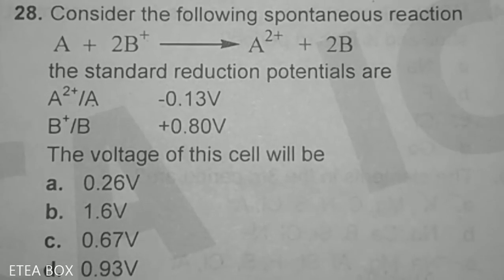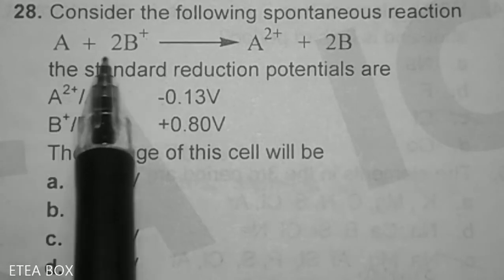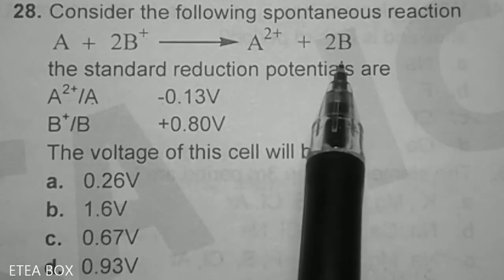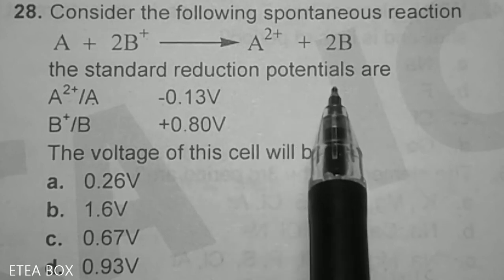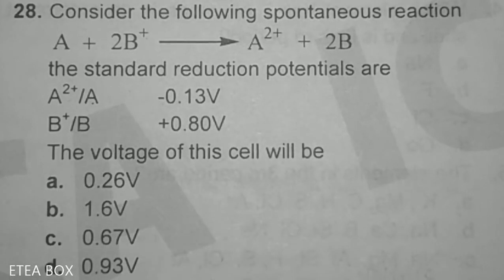Consider the following spontaneous reaction. A reaction is given: oxidation occurs at A and reduction occurs at B. The standard reduction potentials are given, and we have to find the voltage of this cell.